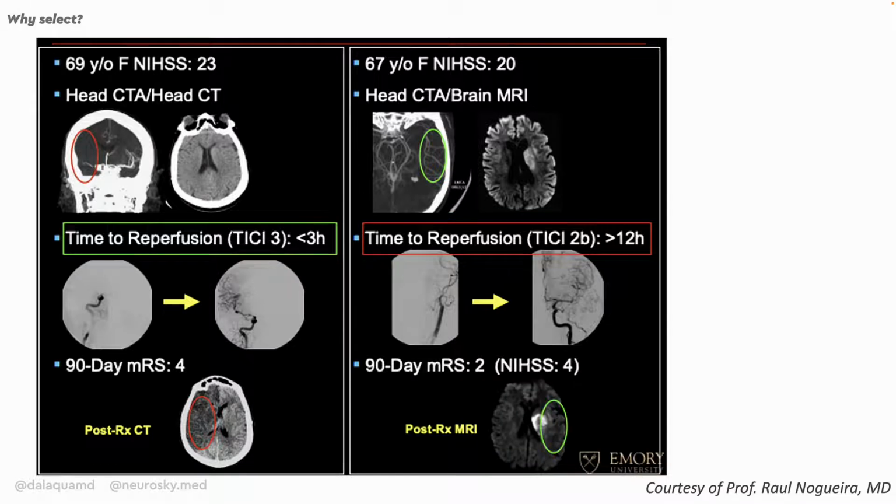And we see after the 90-day evaluation that the NIH stroke scale is only 4, and in the MRI we can see that she has a much smaller final core, and we can attribute that to the presence of good collaterals. So nowadays we know that the outcome is directly proportional to the collaterals and inversely proportional to the time.